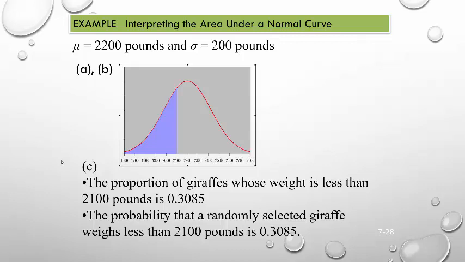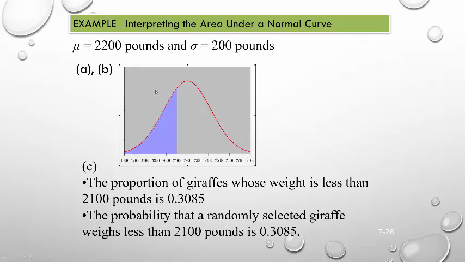The proportion of all giraffes that weigh less than 2,100 pounds is 0.3085. Another way to say that is 30.85% of giraffes weigh less than 2,100 pounds. Or, if we randomly select a giraffe from the wild, the probability that it weighs less than 2,100 pounds is the same thing.